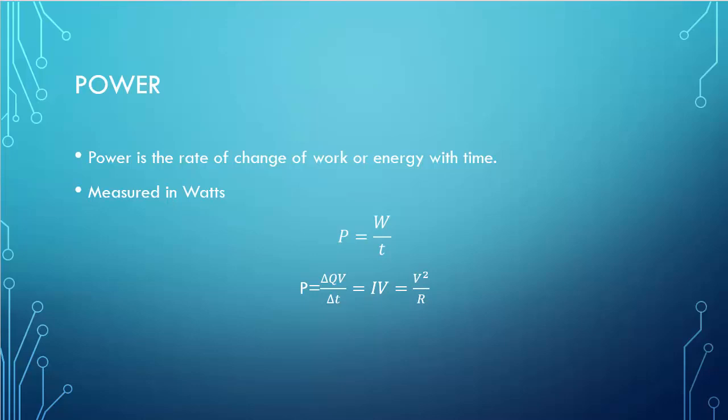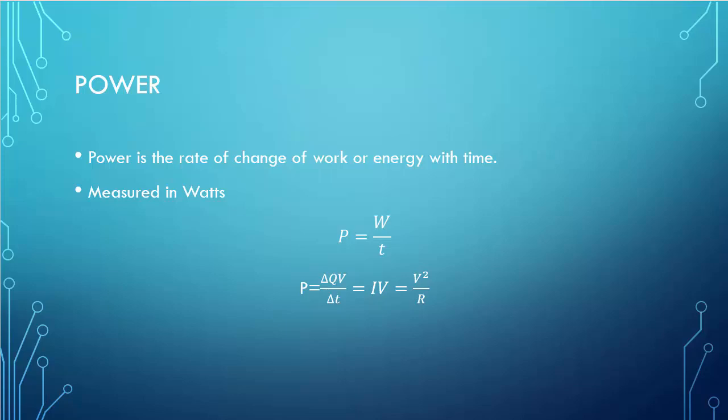When we're talking about electricity, you've got to talk about power. You've got your electrical power, you pay for it in kilowatt hours. Power is the rate of change of work with energy or time, so it's measured in watts, and it is work over time, if you remember from mechanics.